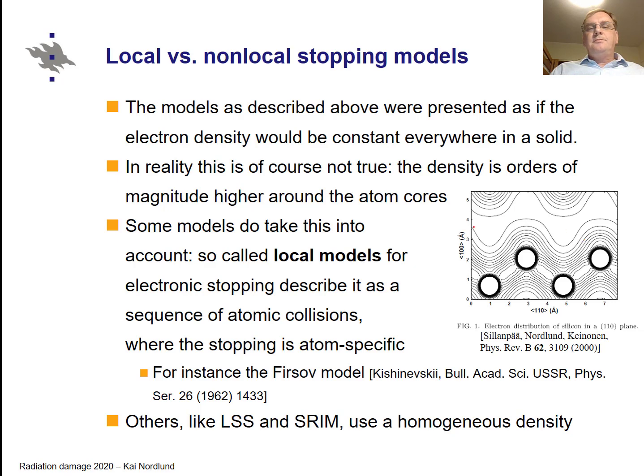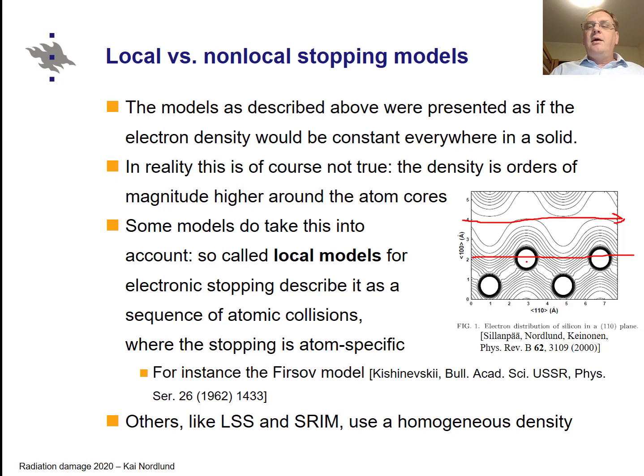And here you see that there are really huge differences in the electron density depending on where you are. If an ion would move in the middle of this 110 direction, the electron density would be much lower than if it would happen to move here almost straight through the ion cores.